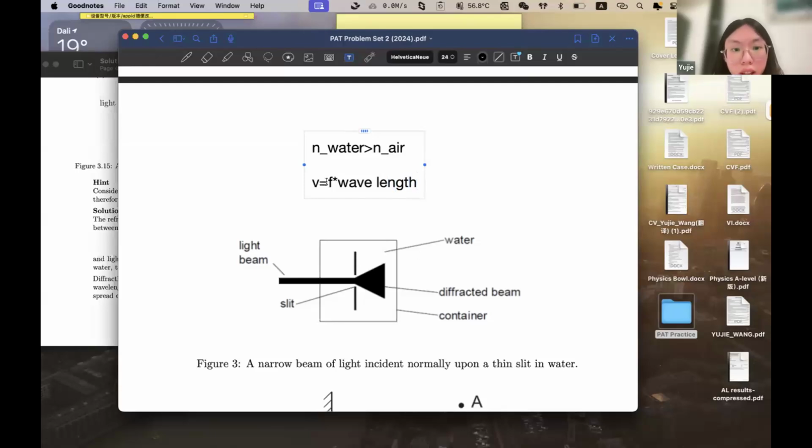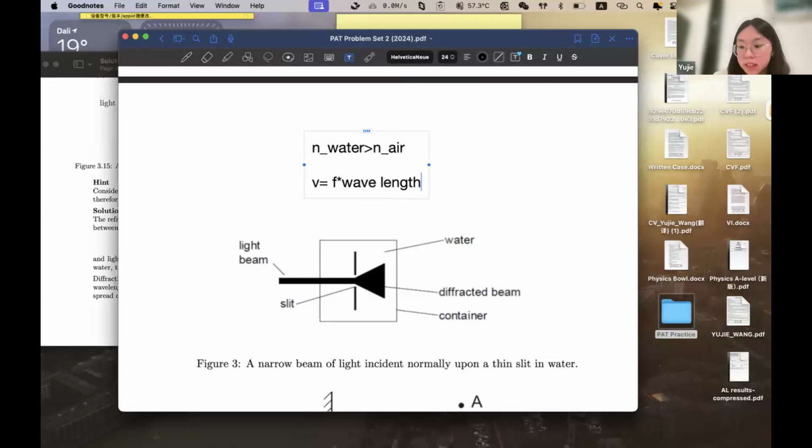And when a thin light ray, or whatever, it could be other types of waves, travels through different mediums, the frequency will not change. What changes is the speed.